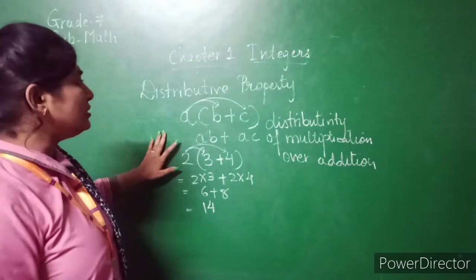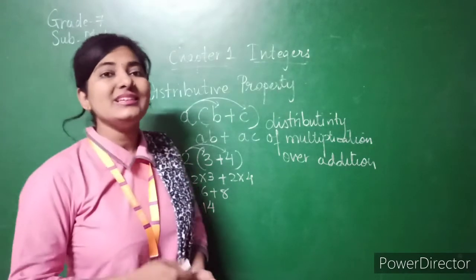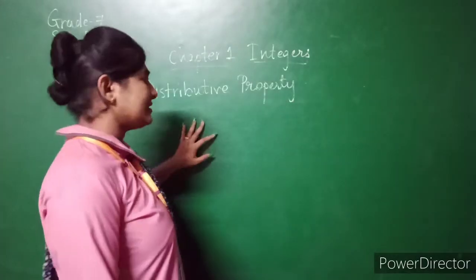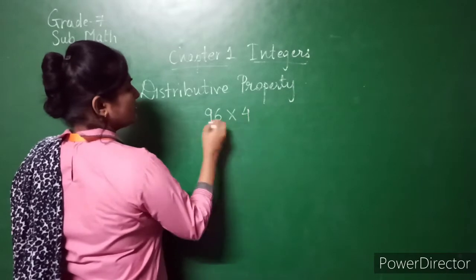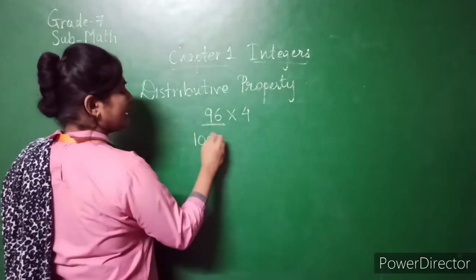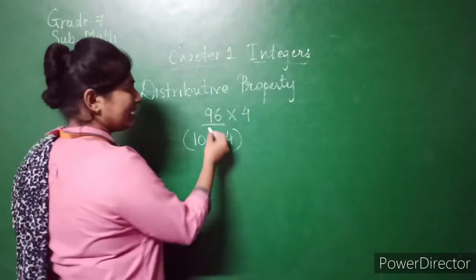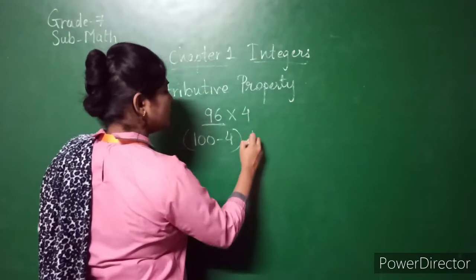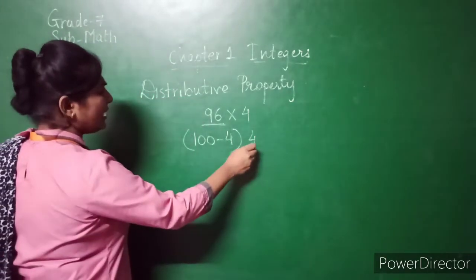So here we have to use this property like this. This makes multiplication easy. For example, 96 into 4 is given. We can write 96 as 100 minus 4. Here we have to write 4 outside the bracket. So what we have to do now?